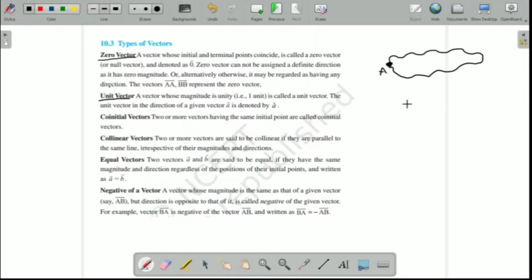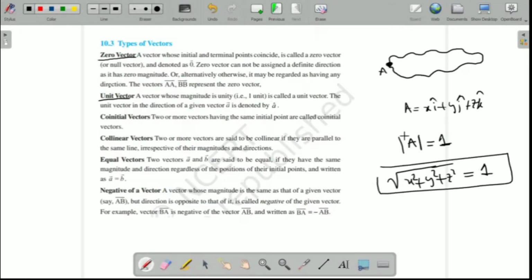Next, unit vector. Let us consider any vector xi plus yj plus zk. Its magnitude, root over x square plus y square plus z square, is equal to 1. If the magnitude is always equal to 1, then that is said to be a unit vector.